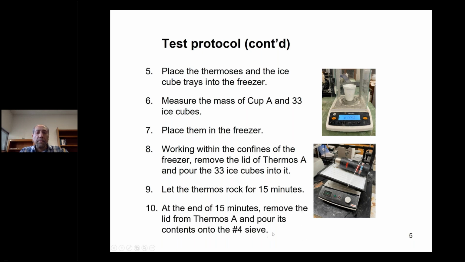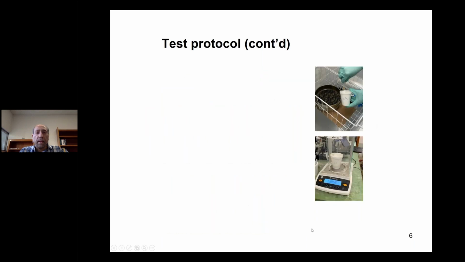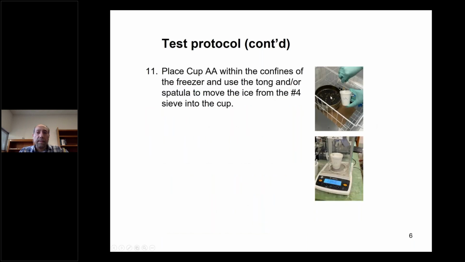And at the end of 15 minutes, we remove the lid of the thermos and pour the contents in the number 4 sieve. And here you can see an example. And also we place the cup A', which was for collecting the ice after the experiment, near the sieve and try to put the ice inside it.